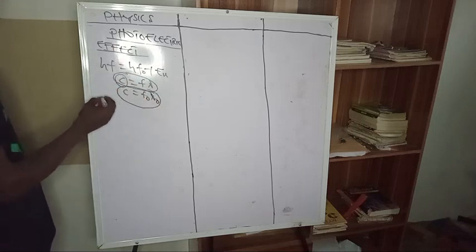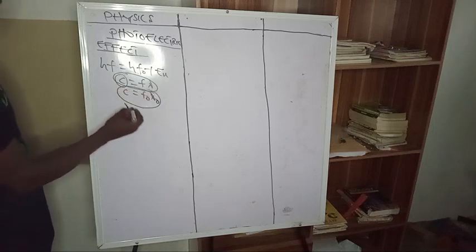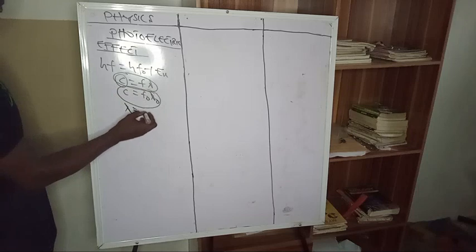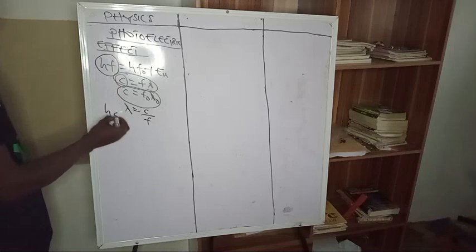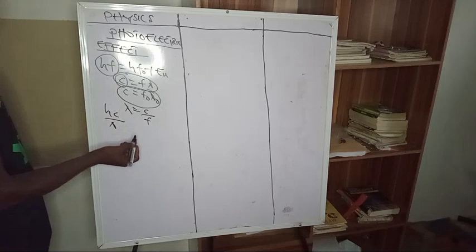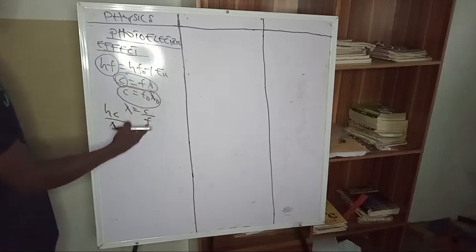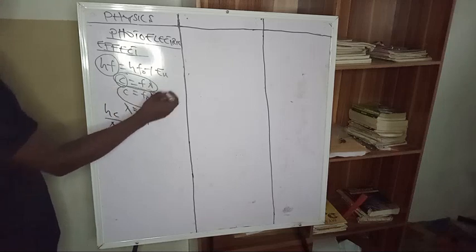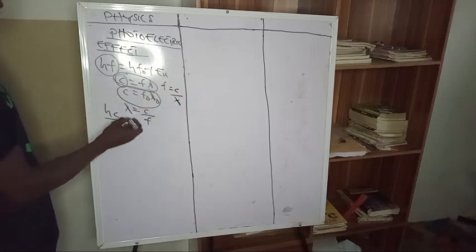If you make λ the subject of the formula, you have λ = c/f. If you make f the subject, you have f = c/λ. So anywhere you see f, write c over λ.